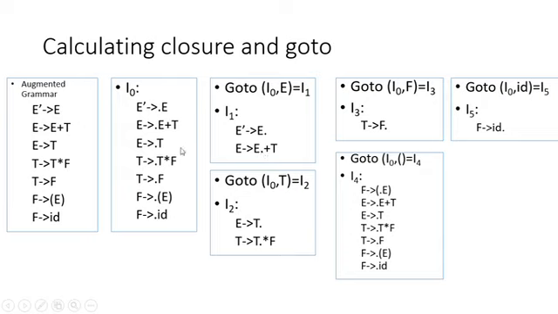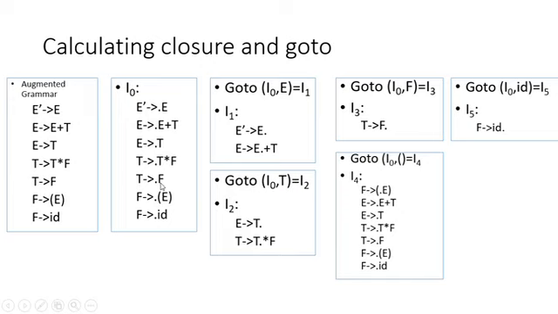This is repeated again for the next line. E derives dot T. There are two dot T's. So goto of I0 on T, which is I2, will give you E derives T dot and T derives T dot times F. Repeat this process for this line again.